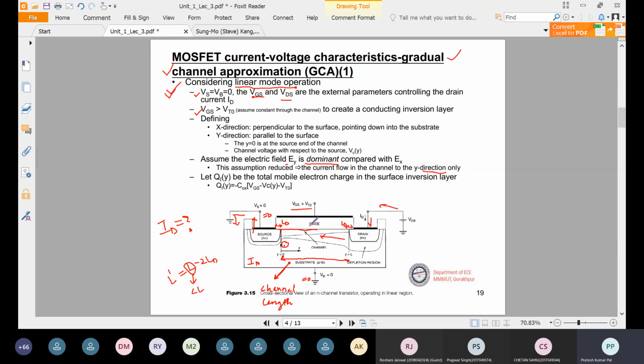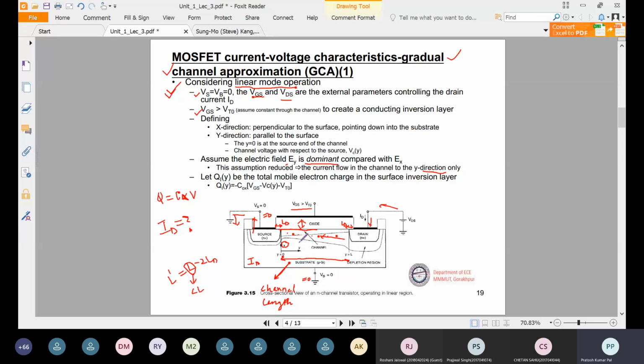This charge will be equal to capacitance multiplied by voltage, so Q equals capacitance into voltage. Whatever voltage is at a particular point in the channel region will be multiplied by the capacitance generated in this region. That capacitance is because of the oxide, so the oxide capacitance will be considered, multiplied by the voltage across all the locations.